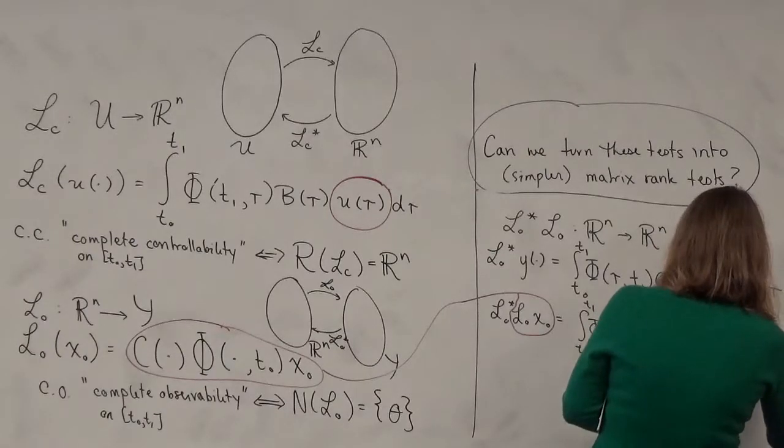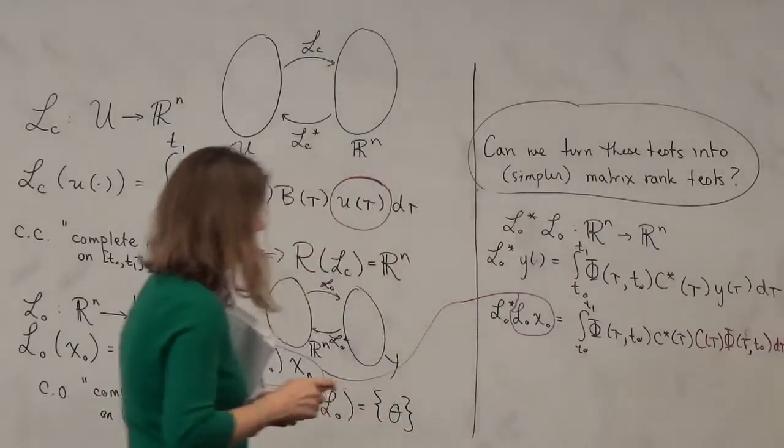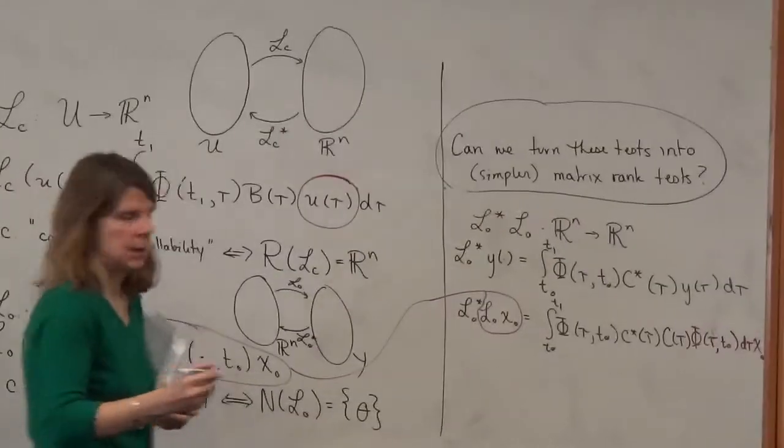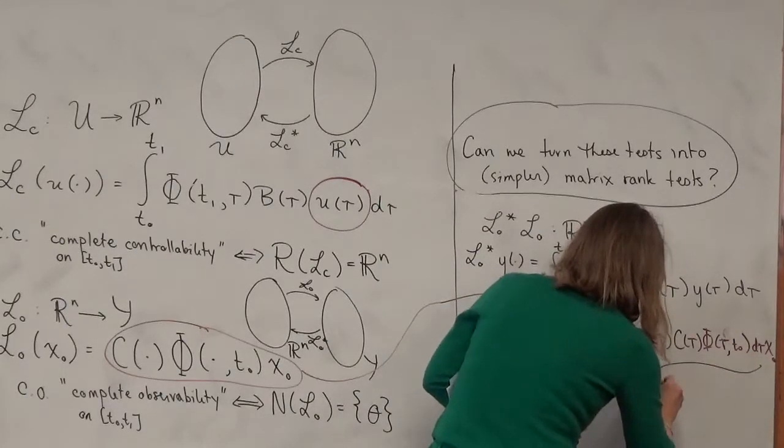Then I'm going to bring d tau, and bring the x0 outside like I did before. So here we have our n by n matrix.